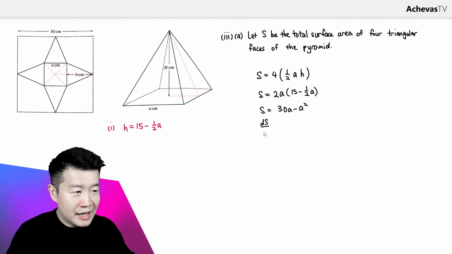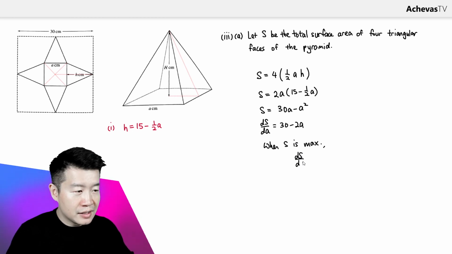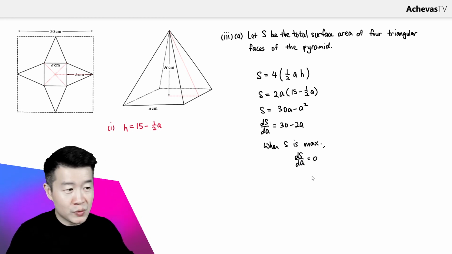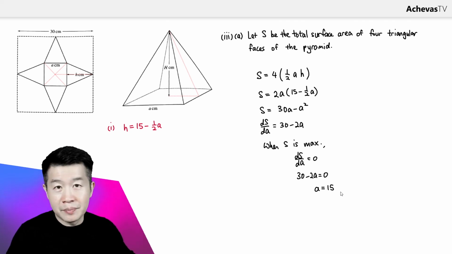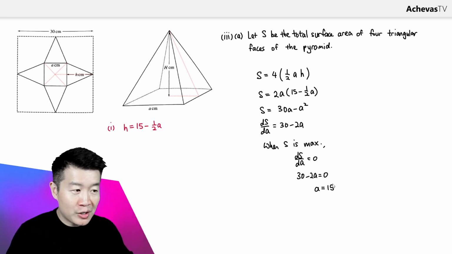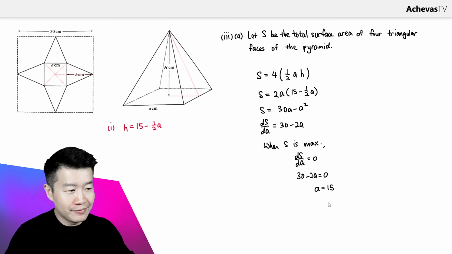Let's find dS/dA, and this is 30 minus 2A. So when the surface area is maximum, we let dS/dA be equal to 0. So 30 minus 2A equals 0. This tells us that A is equal to 15. And that's it. Since the question says that we do not need to show that this is the value of A that causes S to be maximum, A equal to 15 is our answer.